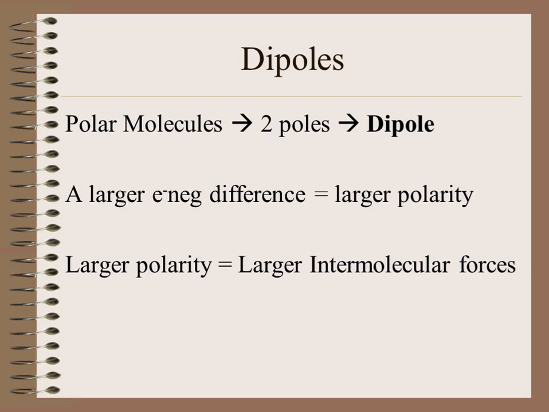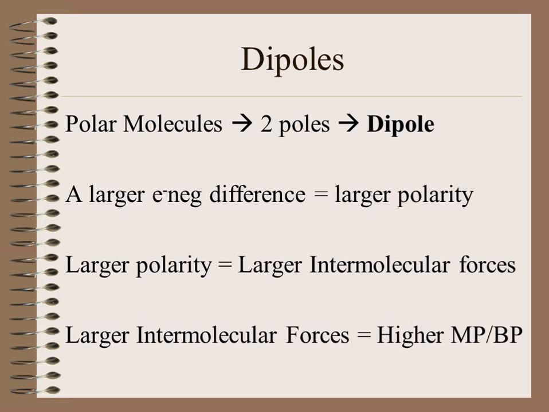And the stronger those forces are, the more energy it's going to take to cause those adjacent particles to let loose from one another, such as what we need in the melting process or in the boiling process, to coax those adjacent molecules to have greater freedom of movement from one another and transition from the solid to the liquid state at the melting point, and from the liquid to the gaseous state at the boiling point.